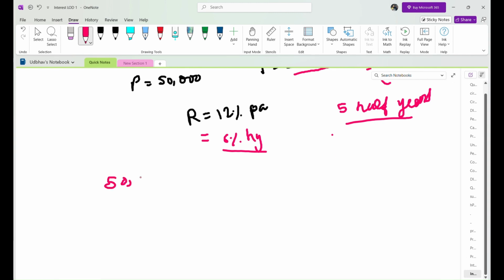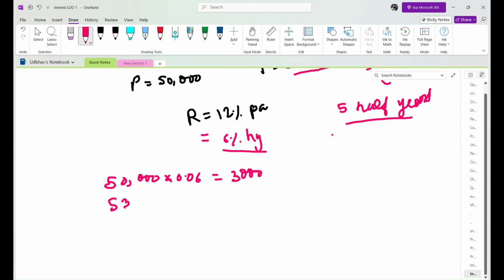So 50,000 with 6% increase, we'll get 3,000 rupees.